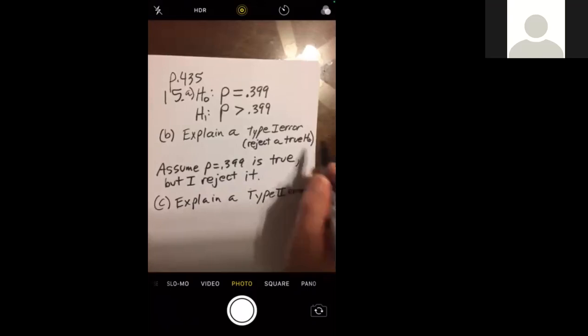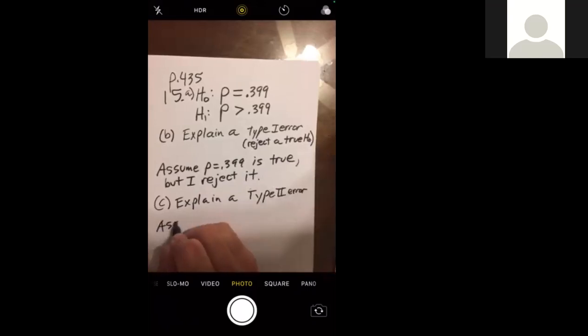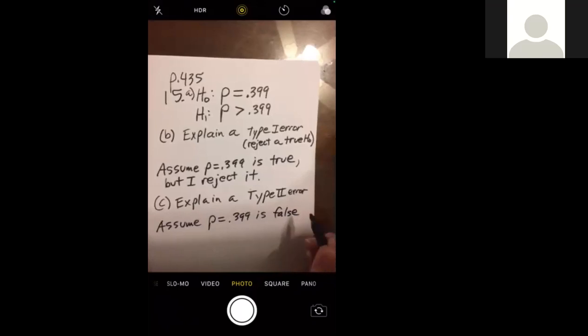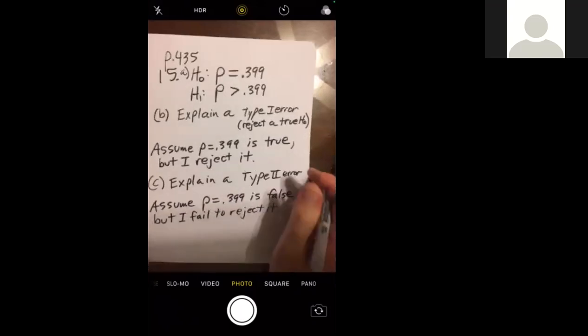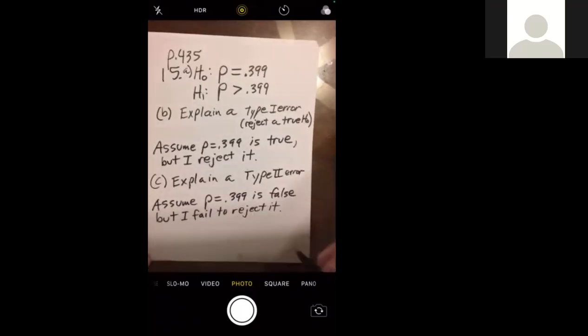So basically I assume my null hypothesis, P equals 0.399, is false, but I failed to reject it. That would be making a type 2 error.